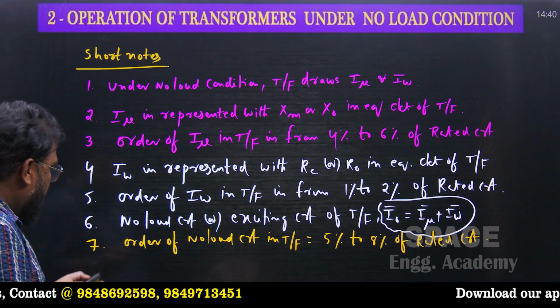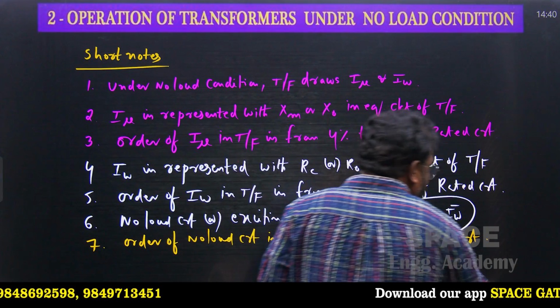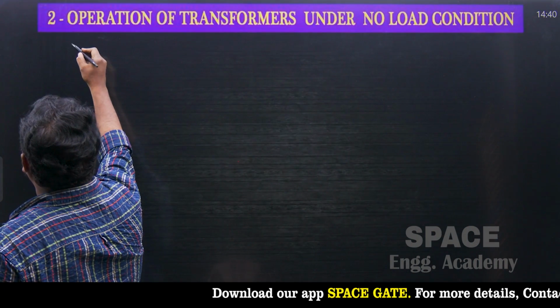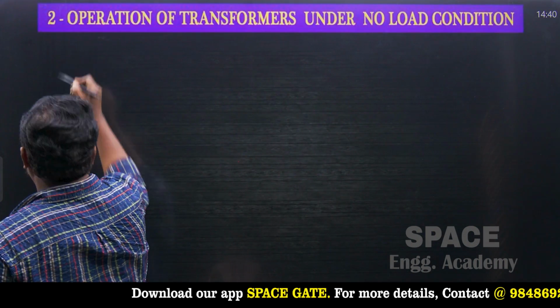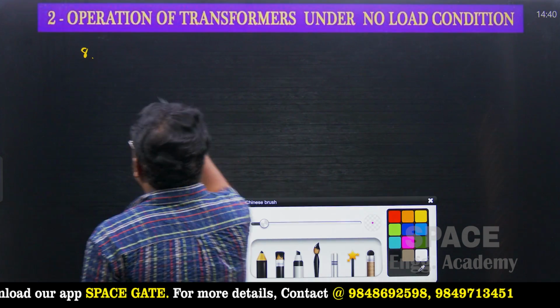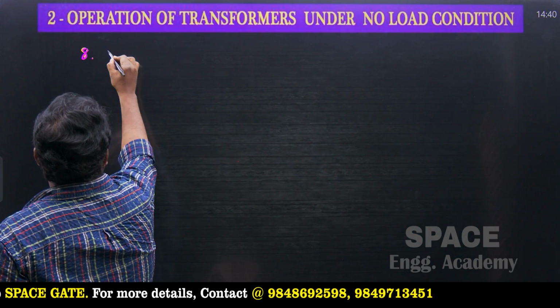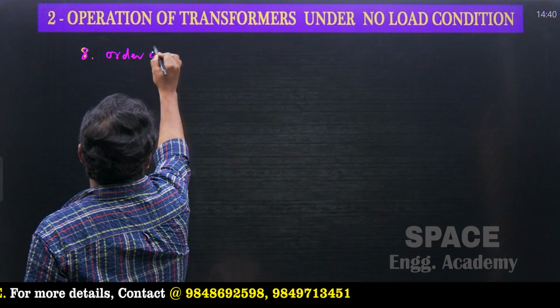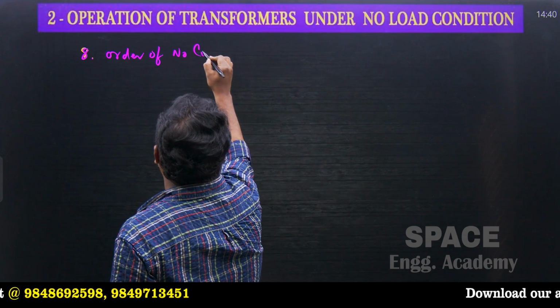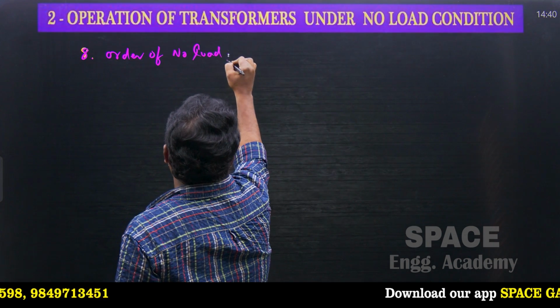And next one, order of the no load power factor. Look at this, order of theta naught, the no load power factor angle. So these are short notes: order of the no load current, order of the no load power factor angle.